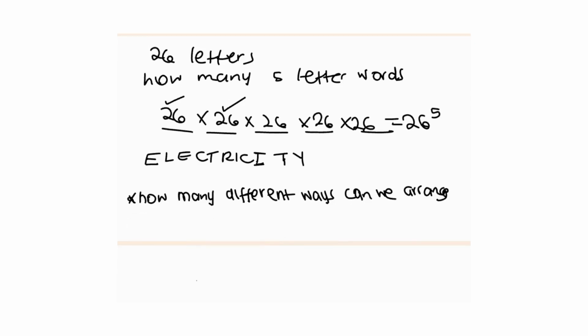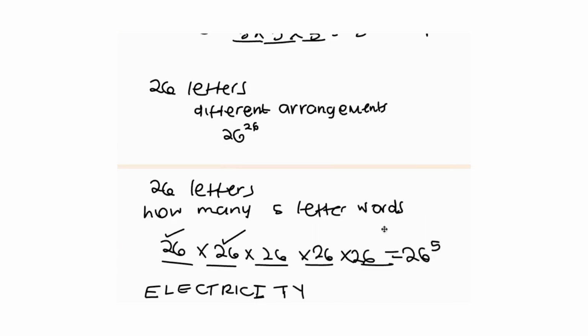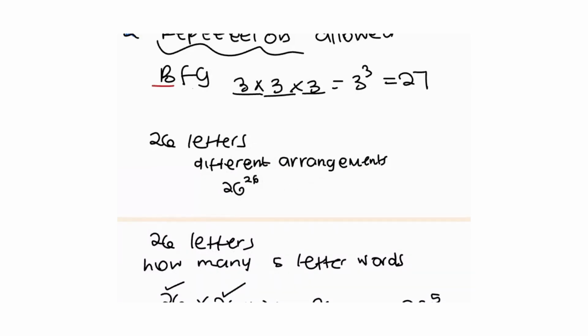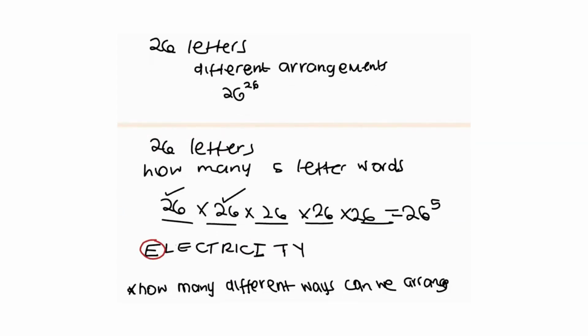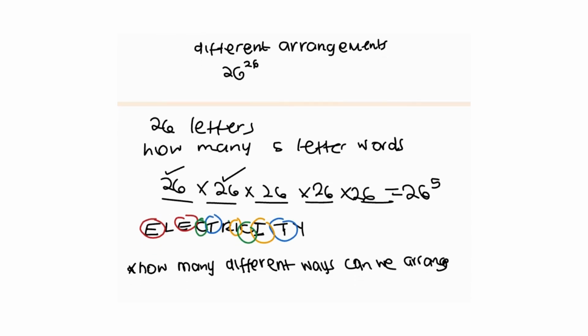So now the problem is that, remember, our BFG had 3 completely different letters, but this one has 2 E's, 2 T's, 2 I's, and then 2 C's. So many letters repeated.